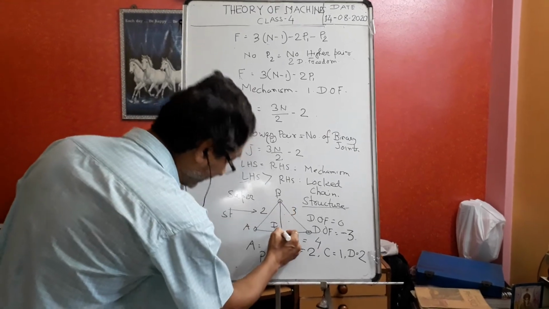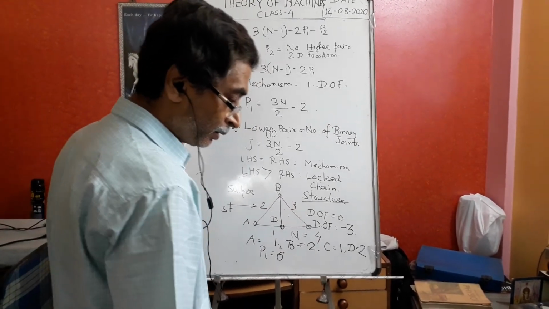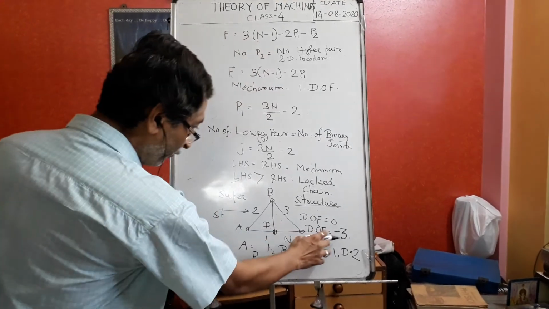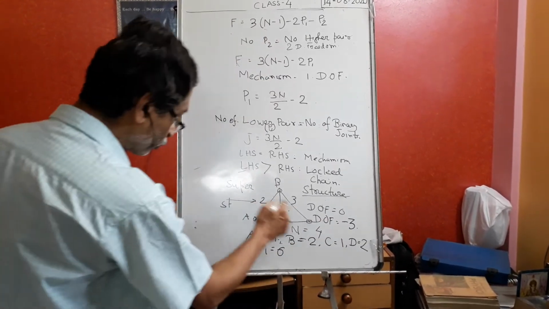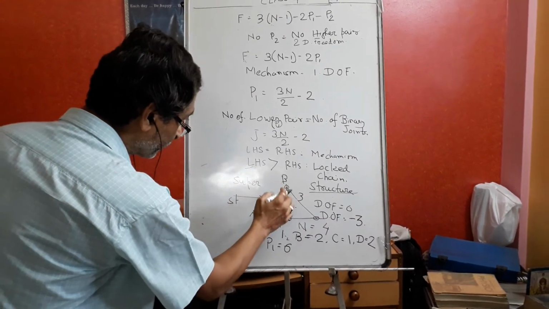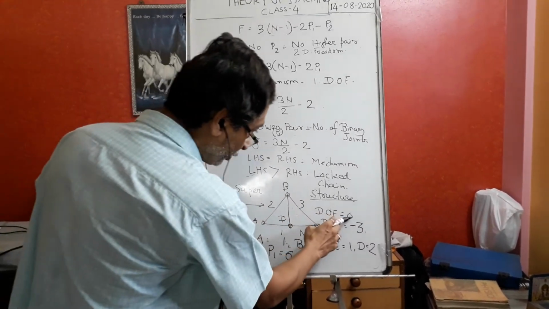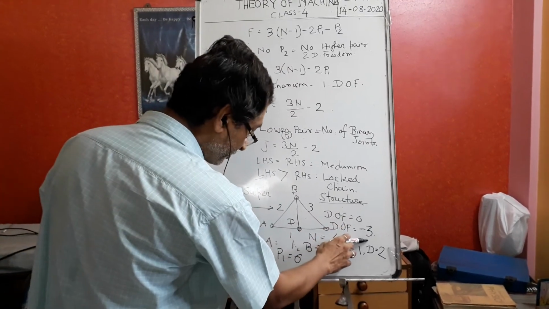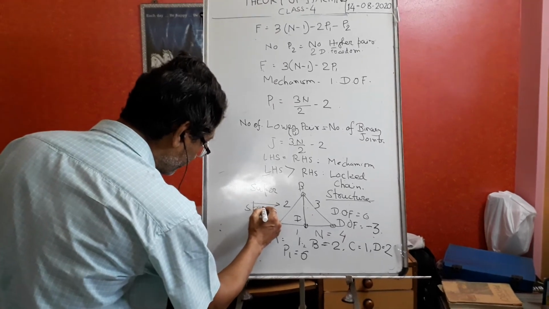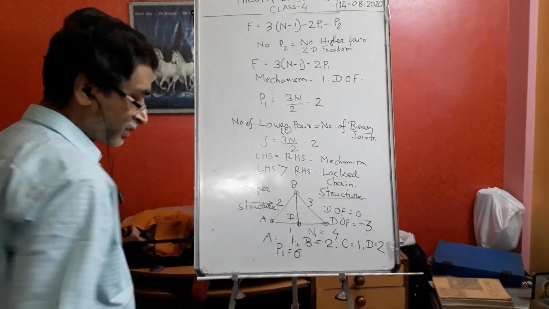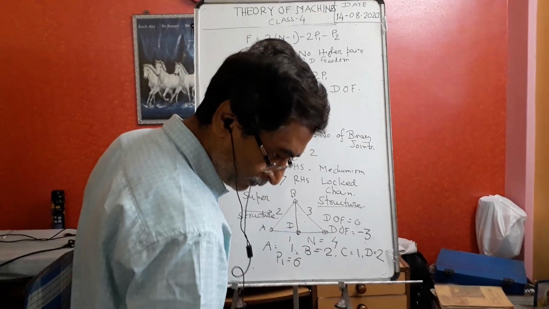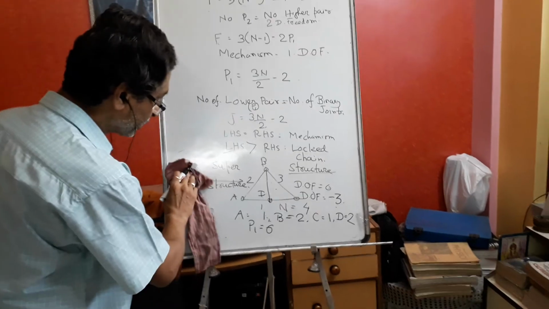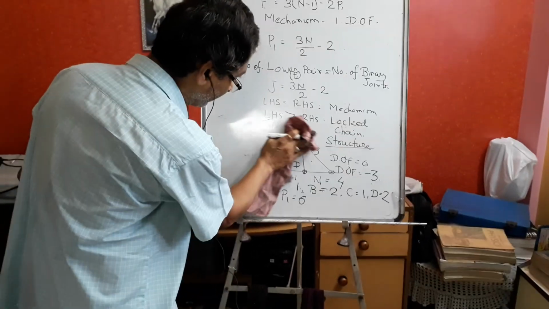But again I am putting another link, so it becomes much stronger. That's why the degree of freedom comes to -3. If the degree of freedom is 0 we call it a structure. If the degree of freedom comes negative then we call it a superstructure. Clear? Superstructures, okay, very good. So if you discuss it, that's why it becomes clear now.